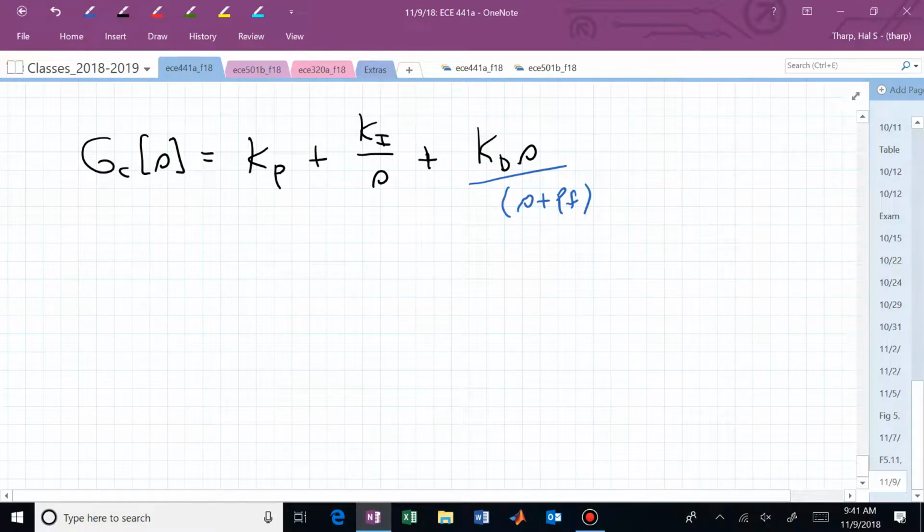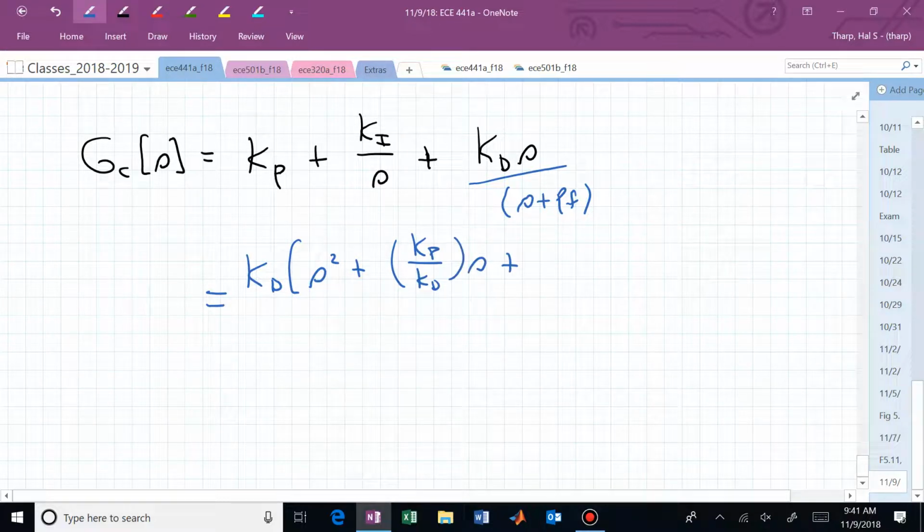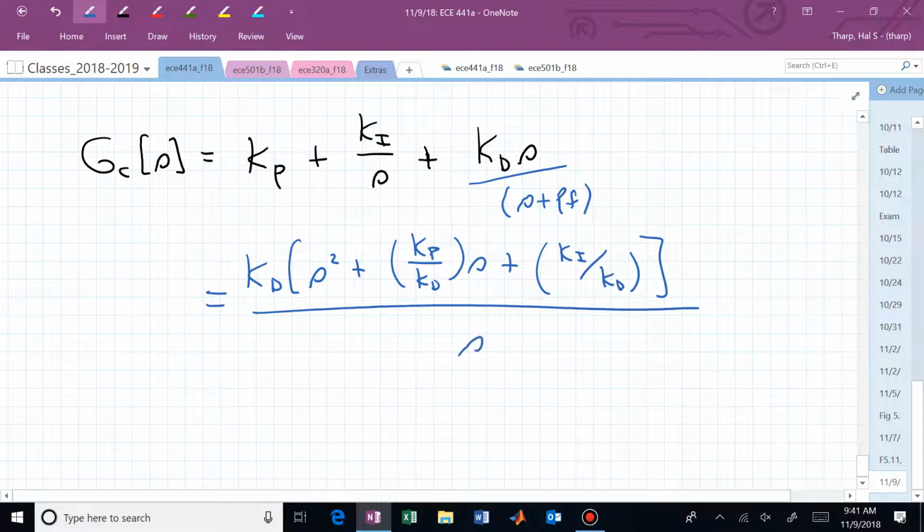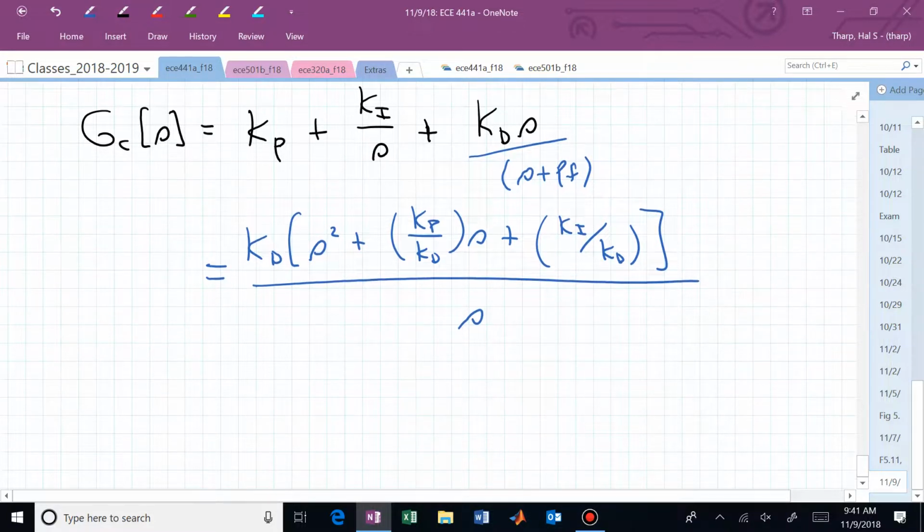So now if that's the case, we can actually put all of this together, getting a common denominator, and now we have K sub D S squared plus... you can do this tonight on your own. I know that you're going to want to do that. Put all of this over a common denominator, and there is now our PID controller.